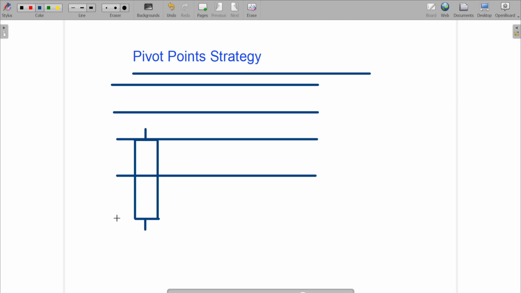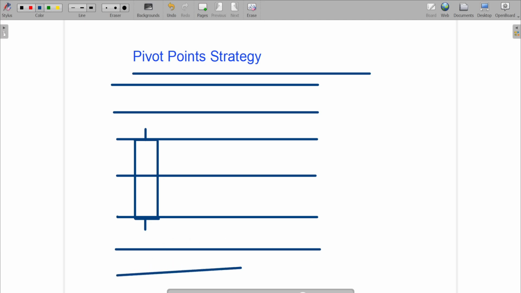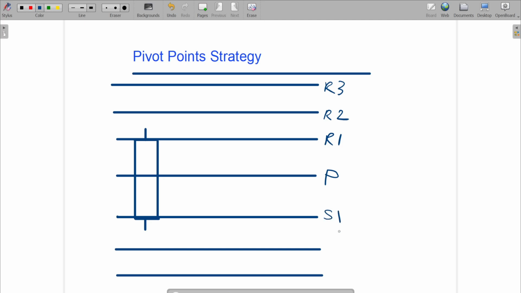Similarly, assume this is S1, this is S2, and this is S3. So, this is the pivot point, R1, R2, and R3. This is S1, support 1, support 2, and support 3.